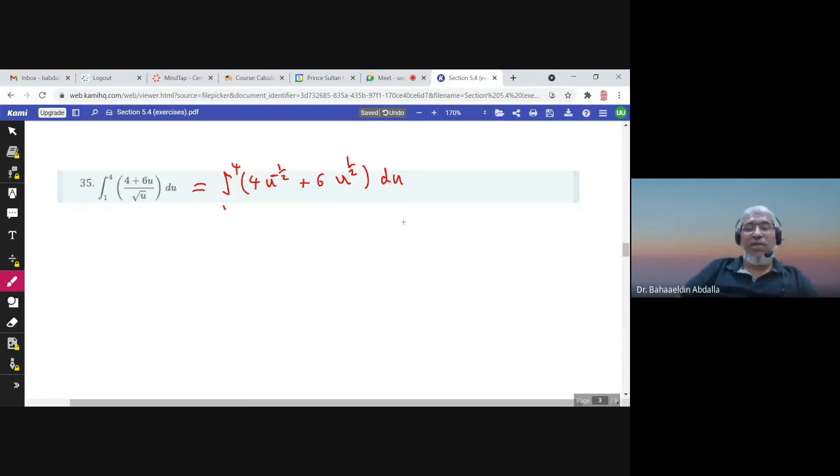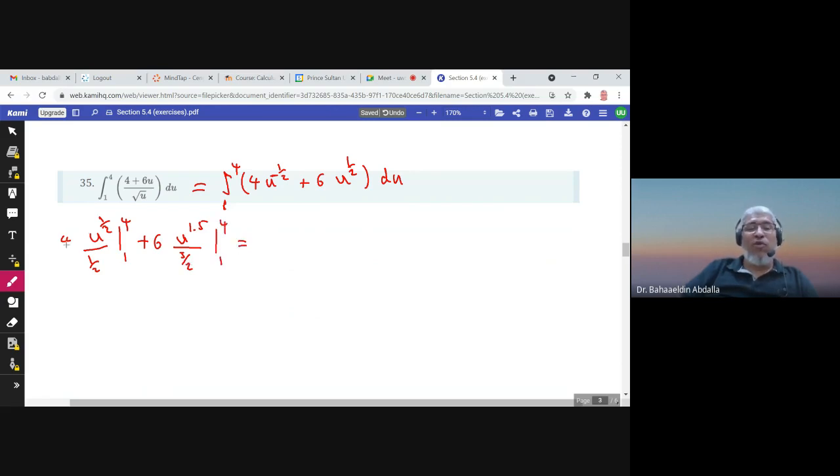Now I can find the integral. So 4 times u to the power negative half. I add 1, so negative half plus 1 is half, over half, from 1 to 4, plus 6 times u to the power half plus 1 is 1.5, over 1.5 or 3 over 2, from 1 to 4.